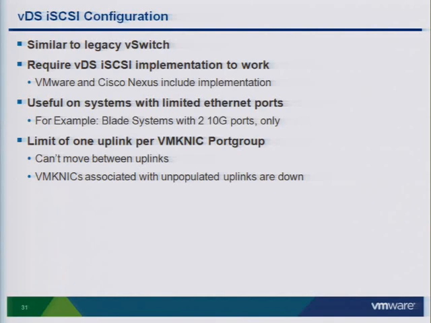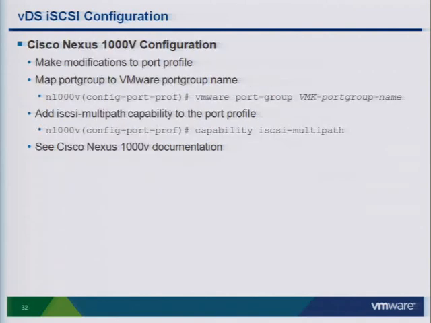Again, any VMKNICs that are associated with an unpopulated uplink will appear to be down in the system and not usable as an iSCSI link. The storage system takes care of this properly and won't actually use that as a path.